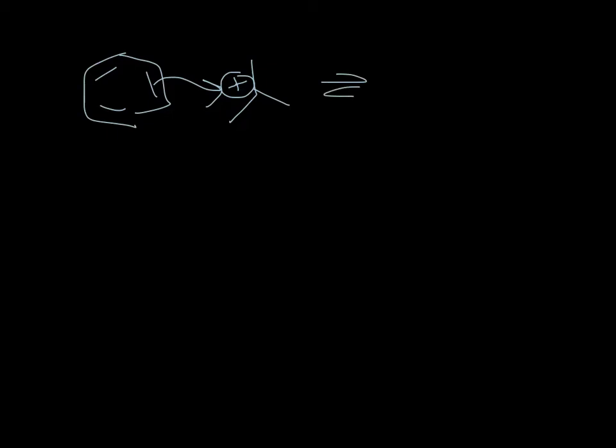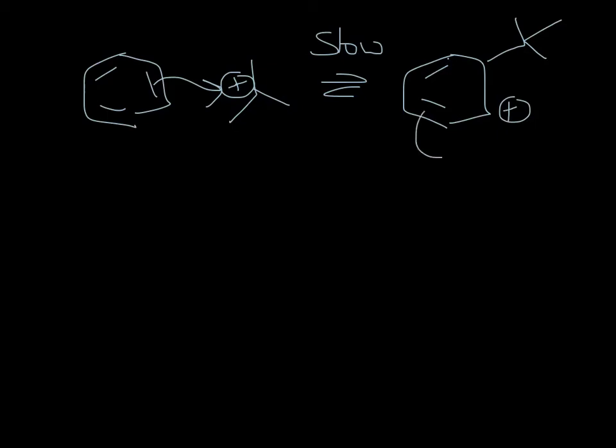From this point on, it's going to behave like every other electrophilic aromatic substitution that we've seen. We have a full positive charge on our carbocation there. Some pi electrons are going to come out and attack that. This would be my slow step because I'm disrupting the aromaticity of the compound. I end up with my tert-butyl group on and a positive charge.